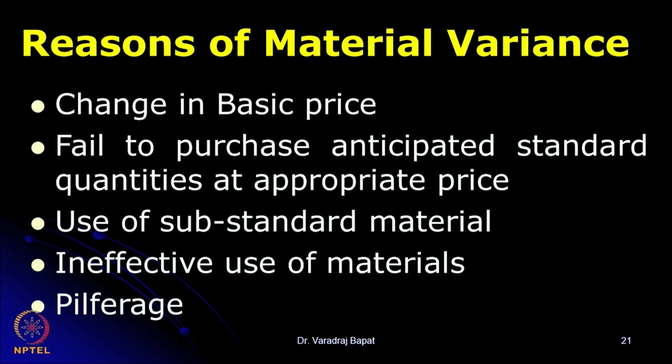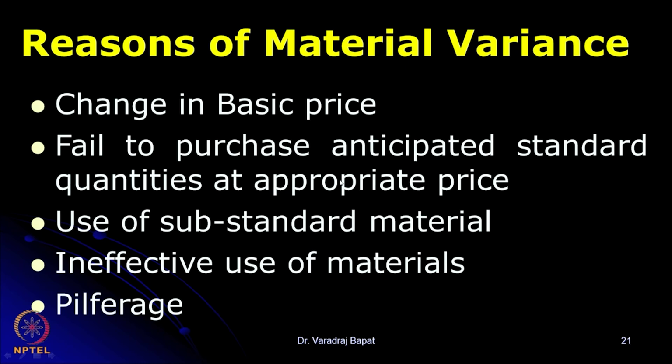Now, the reasons for material variance. As we know, the material cost is units of consumption into the price, input prices. So, the causes also are derived from that. If there is a change in the basic price, that can be one important cause. Other is changes in the quantity, more consumption or less consumption.